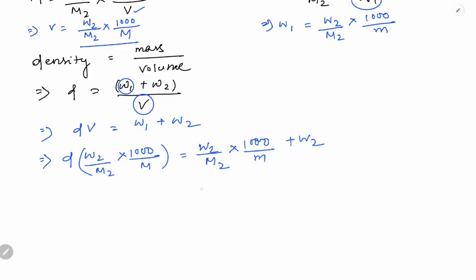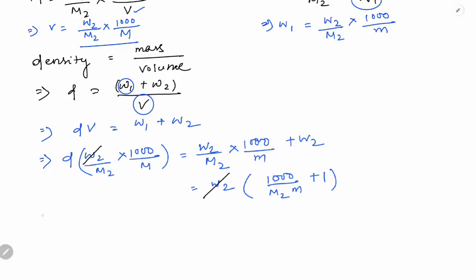We can take W2 common here. So our answer will be 1000 by M2 m plus 1. W2 can be cancelled out, and M2 can be cancelled.